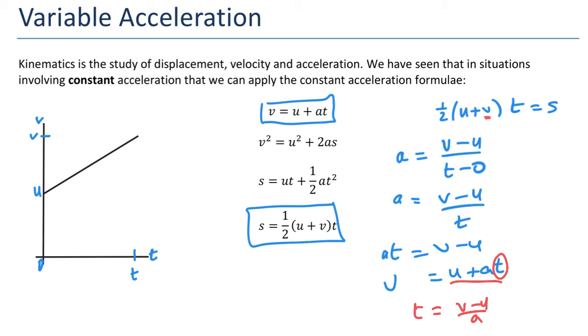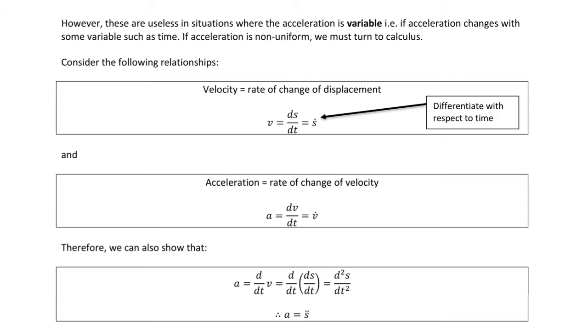If we substitute that into the equation up here, then that will give us our last constant acceleration equation. The unfortunate thing is that whenever we come to a situation where we've got variable acceleration, then the constant acceleration formulae are useless.